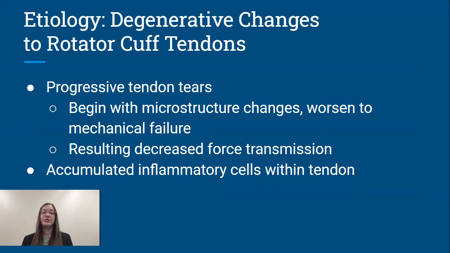So not only do the muscles undergo degenerative changes, but the tendons of the rotator cuff also undergo degeneration. In early degeneration, the tendons change at the minuscule microstructure level with tiny tears. But these add up over time into noticeable deficiencies in the whole tendon structure and function as it becomes less able to withstand stress.